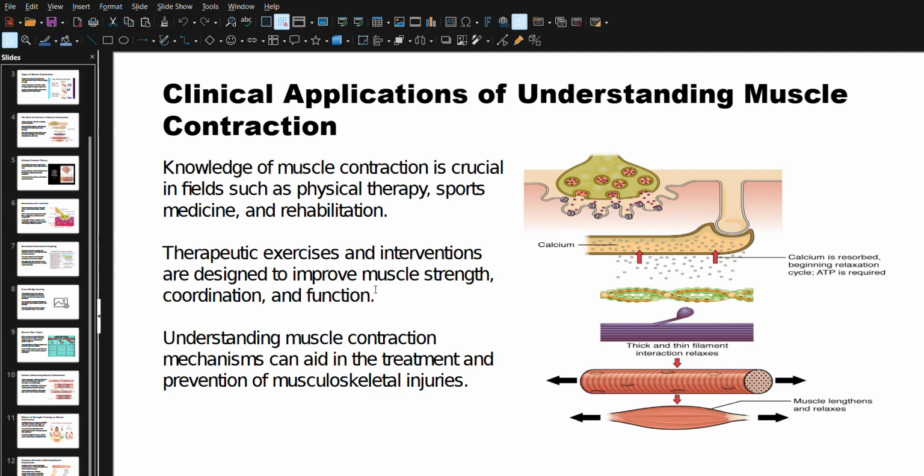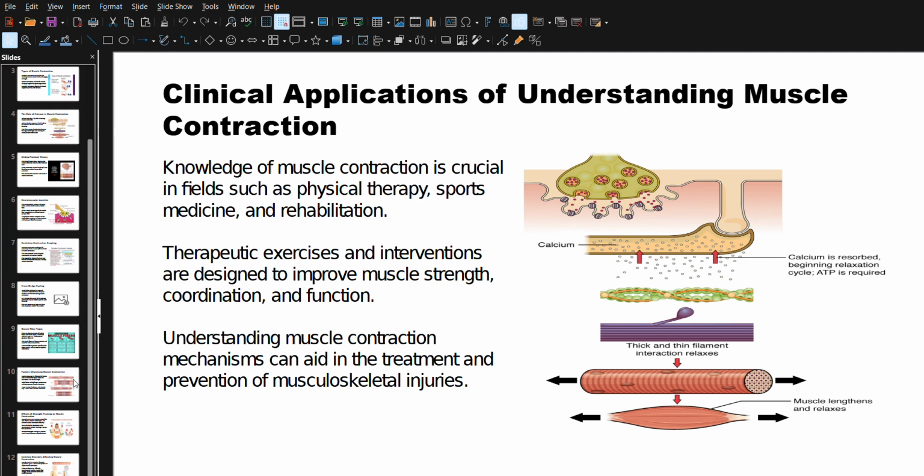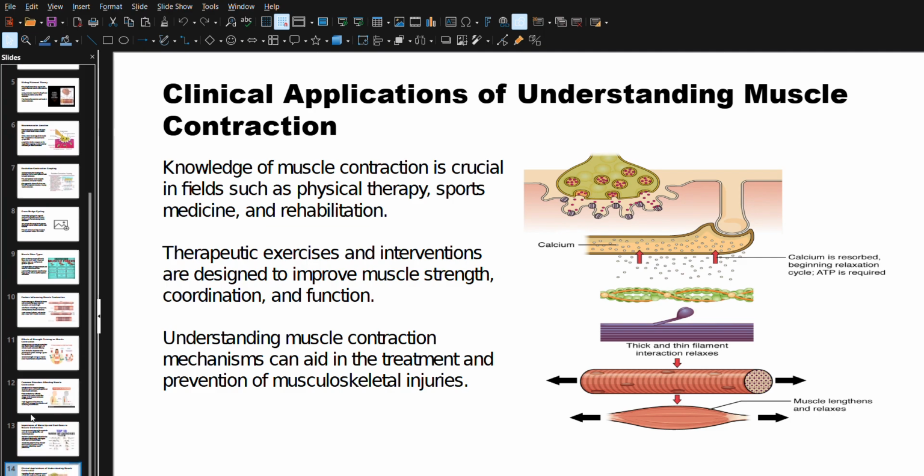As you know, people who are suffering from muscle disorders first go to the physiotherapist, where simple exercises or simple kinds of massages are given by the doctors. Understanding the muscle contraction mechanism can aid in the treatment of certain musculoskeletal injuries, and different preventions can be done for muscle disorders.